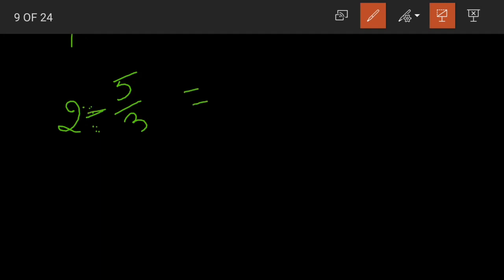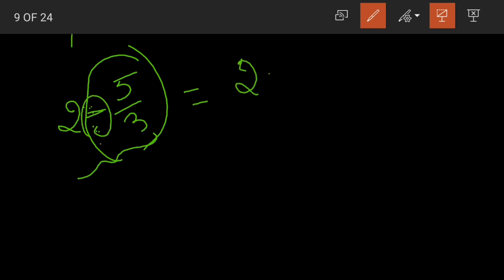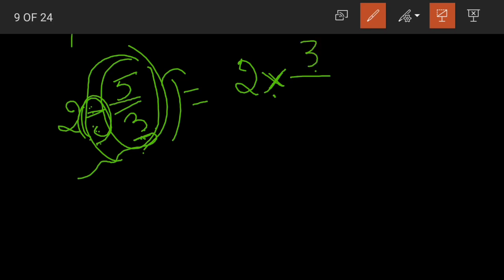Now when we have to divide by a fraction, we simply replace this division symbol with a multiplication symbol, and we write the reciprocal of this fraction. What does the reciprocal mean? Here the denominator is 3, so the 3 becomes the numerator, and the numerator 5 becomes the denominator.